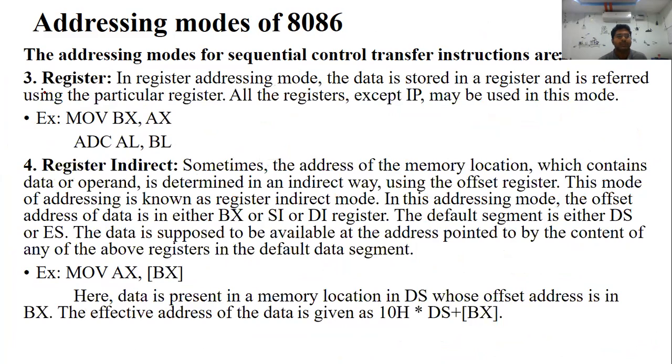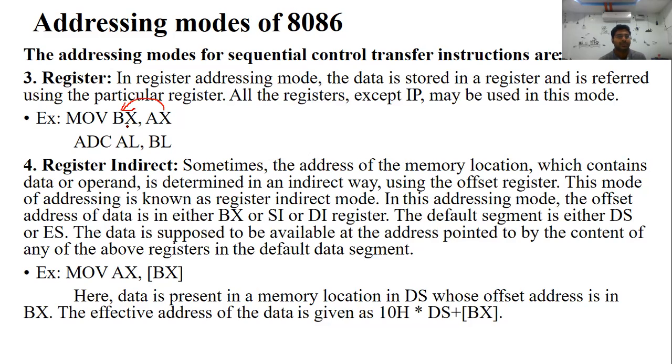The next one is register. Register means we have instructions that transfer data from one register to another register. MOV BX, AX means whatever information is stored in the AX register is moved to the BX.